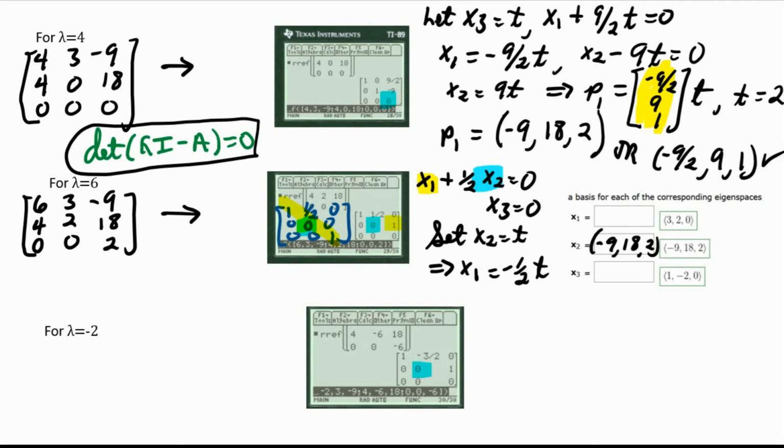And with that, this implies that p sub 2 is equal to, just going to write it over here in this way because of the spacing. P sub 2 is equal to x sub 1, which is -1/2 x sub 2.